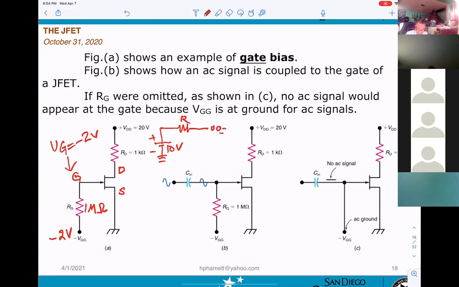What is VD? It equals 10 volts. That's the correct answer. However, you have to tell me why it equals 10. There's no current, so there's no voltage drop across the resistor. Exactly. The reason is the circuit is open, so the current flowing here, I, equals 0.